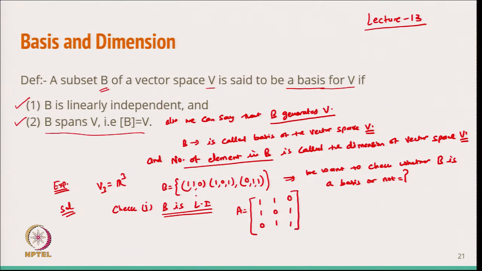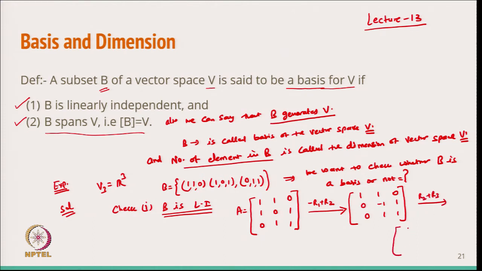Whatever the vectors are, we will put them as column vectors in the matrix A, and then I will reduce this matrix to the echelon form. First I will make this 0, so I will apply minus R1 plus R2. So, this will be 1 1 0, 0 minus 1 1, 0 1 1, and then I will take R2 plus R3.